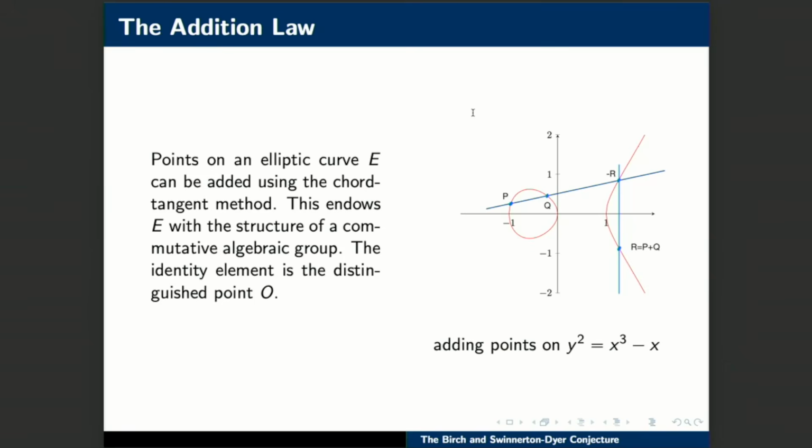So points on an elliptic curve can be added to each other. So there's a structure on the elliptic curve of a commutative algebraic group. Very concretely, this addition can be done using the chord tangent method. So you start with 2 points, which may be labeled P and Q on these slides. You form the line between those 2 points and intersect that with the curve. And because the curve is given by this equation of degree 3, there's a third point of intersection.